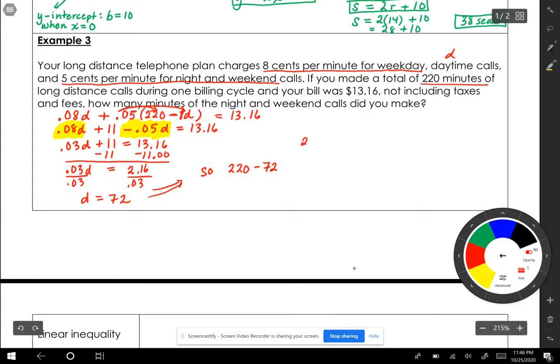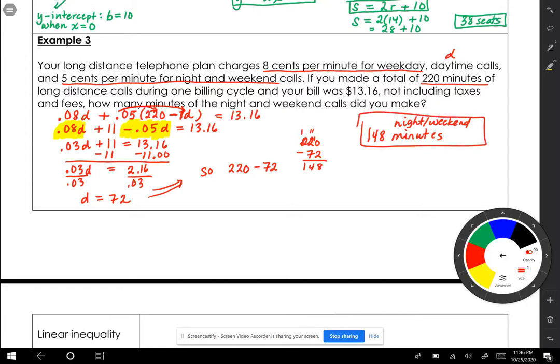So I'm going to subtract. So it's 148. So 148 night and weekends. And that's what we do in section 1.5.